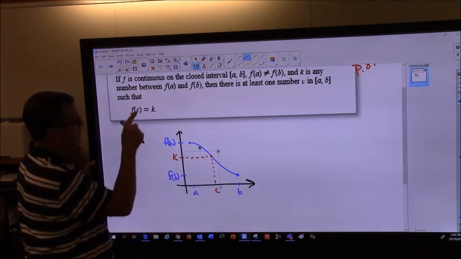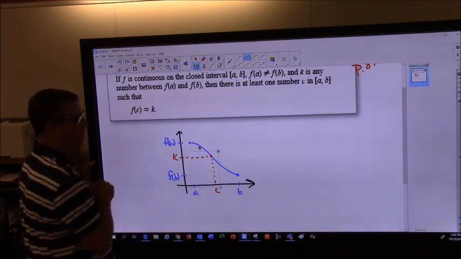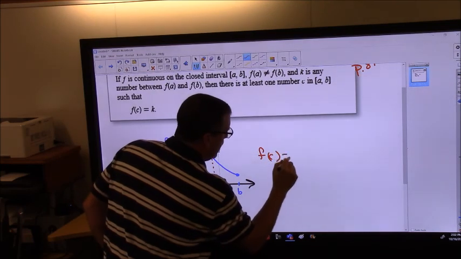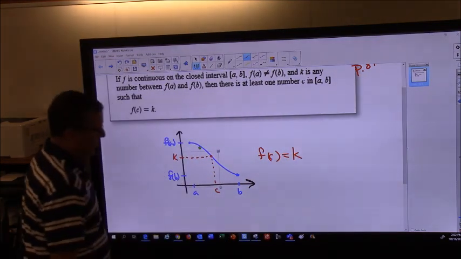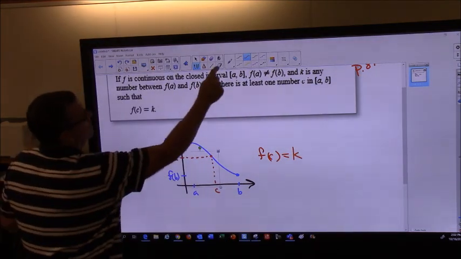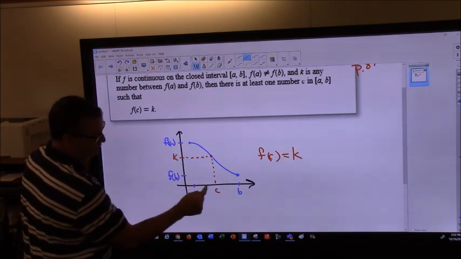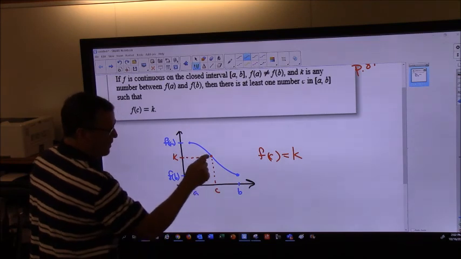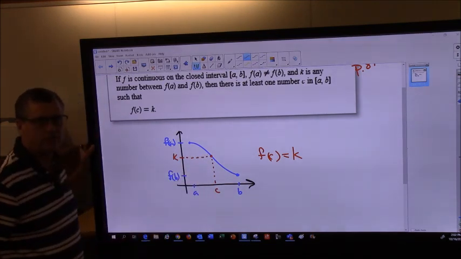Right? We're saying f of c equals k. This is a y value, so a y value has to equal a y value. F of c has to equal k. And what they're saying to us is there has to be some number in this interval that when I plug it in, I'm going to get this k value.